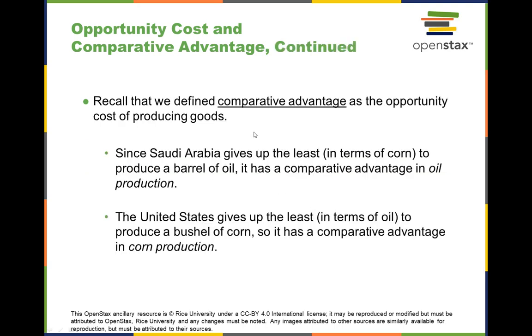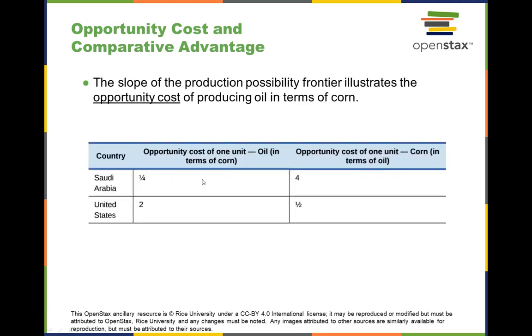Recall that we defined comparative advantage as the opportunity cost of producing goods. As Saudi Arabia gives up the least in terms of corn to produce a barrel of oil, it has a comparative advantage in oil production. They don't give up that much corn, only 1/4 of a unit, but the United States would give up 2 units of corn. So Saudi Arabia has the lowest cost when producing oil in terms of corn.